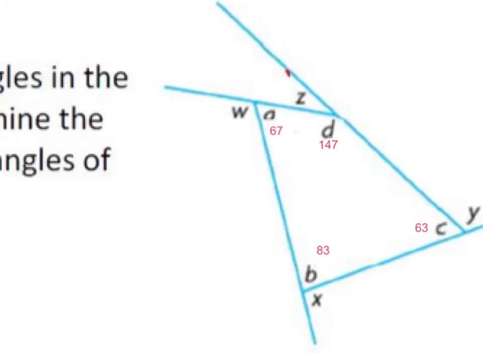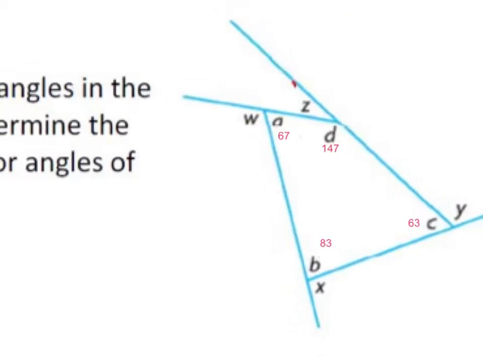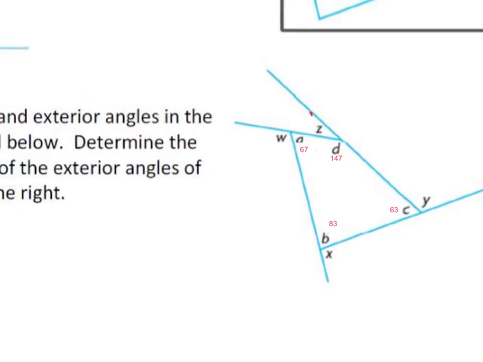Okay, our next job is to figure out the sum of the exterior angles in this shape right here. As we can see, I've given you the interior angles. Our job is to figure out the exterior angles. So our first exterior angle that we're going to find is x. This whole line is 180 degrees. So x equals 180 minus 83, which is 97 degrees.